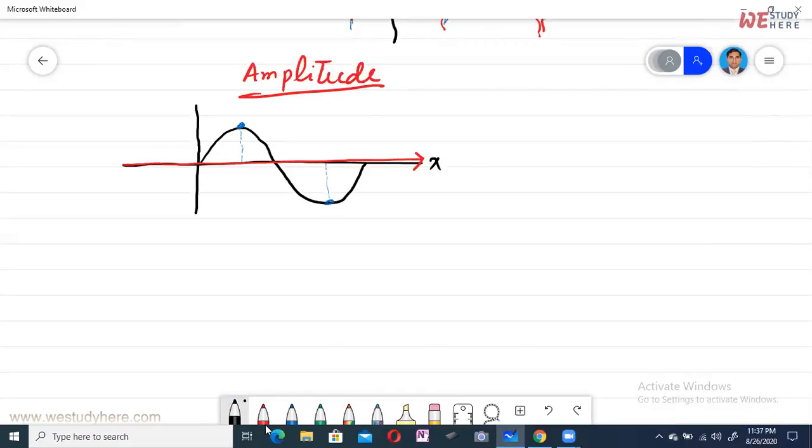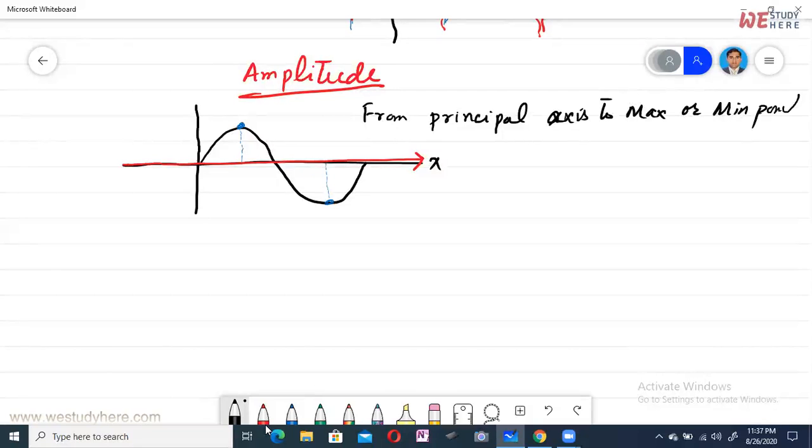From the principal axis to the maximum or minimum point, that length is the amplitude.